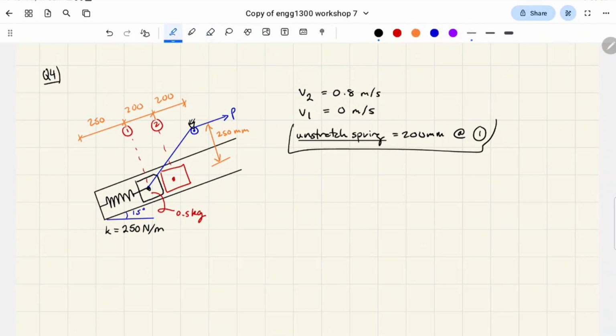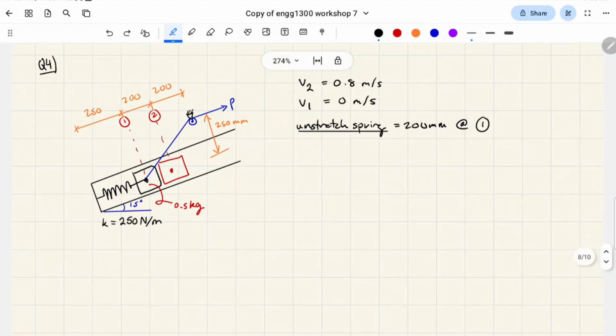We're also given the unstretched spring length, and that state 1 is pretty much unstretched. So it starts unstretched and then there's a tensile force pulling it. Oh, and we're given the spring constant, yeah.